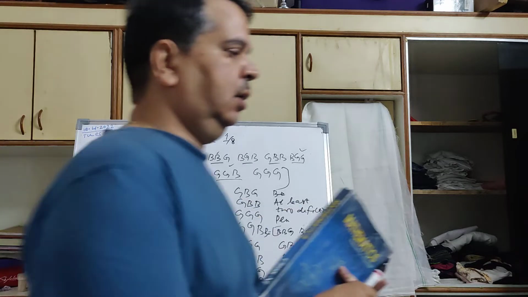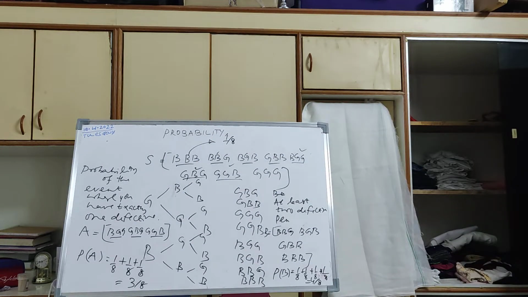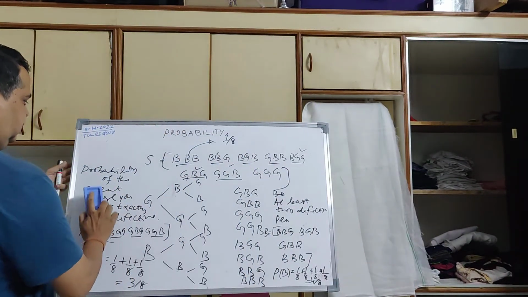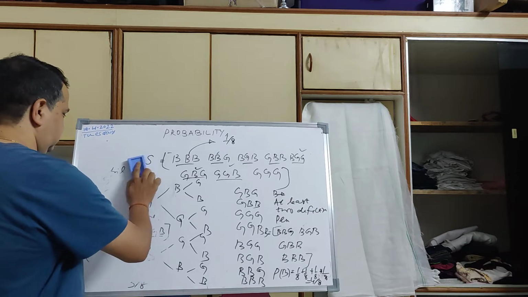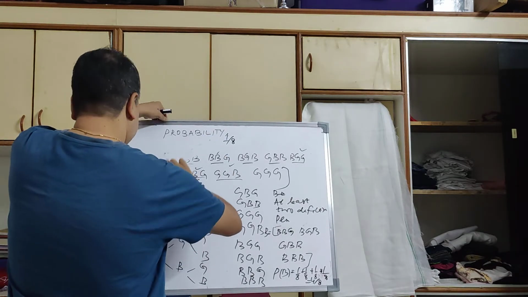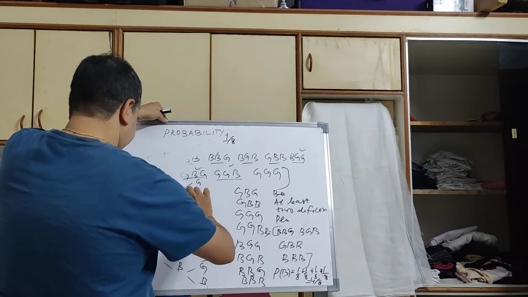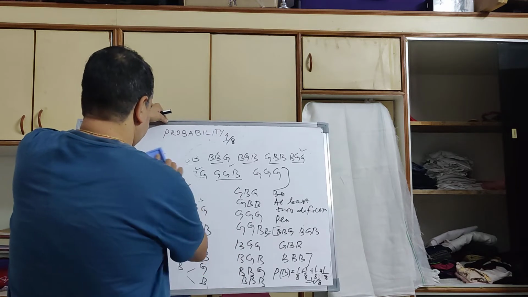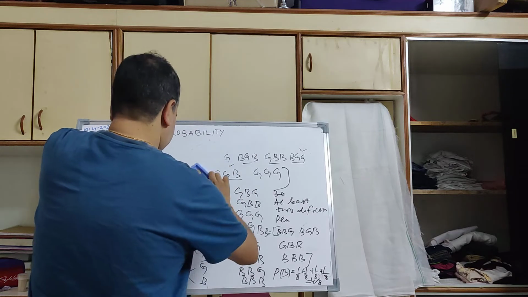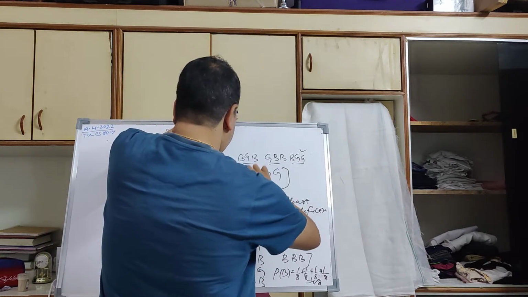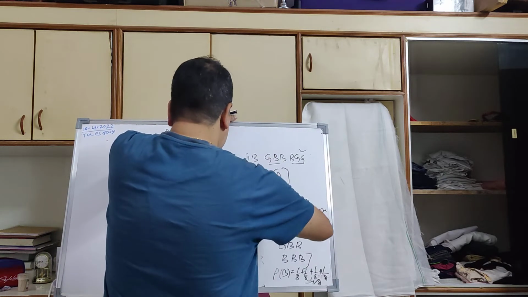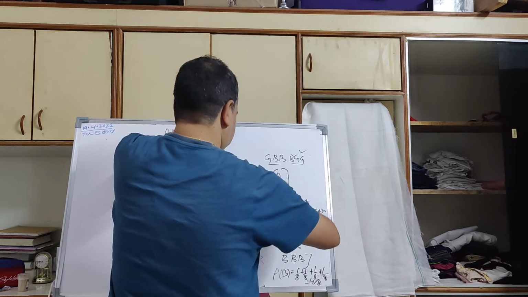So now we'll do one more numerical. If you do more and more numericals, you will have a better understanding. After solving this, if you do conditional probability, then Bayes theorem is related to conditional probability.